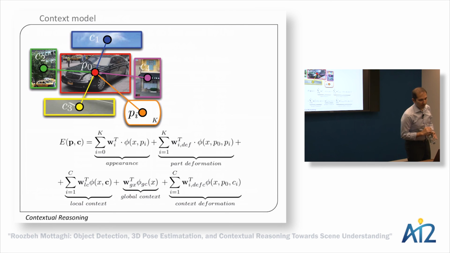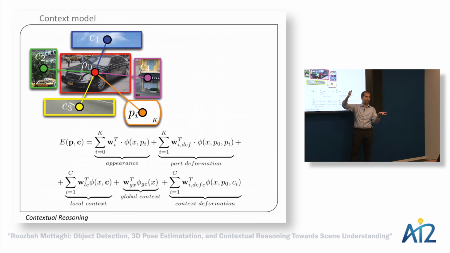So here is our context model. The red box is the object and captures object appearance, and we also have 4 boxes around the object that capture context. These boxes can move around, so the best location is found for the contextual features. As I said, similar to what we had before, we have a term for the object appearance.